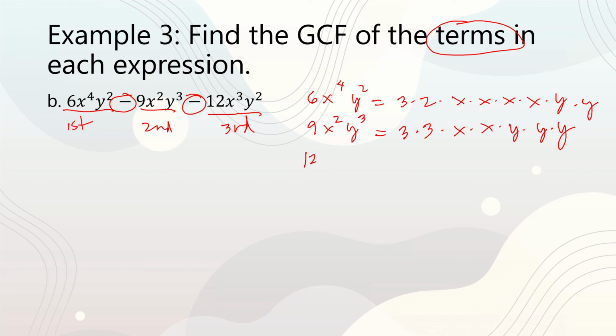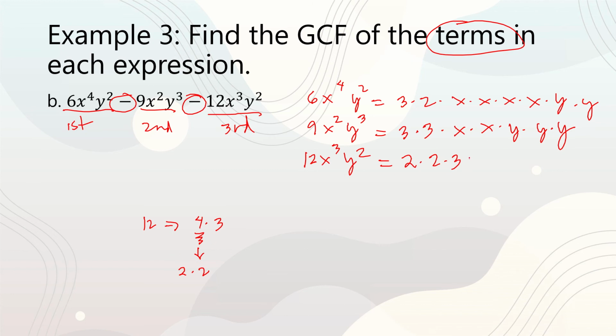Third term is 12x cubed y squared. So 12, you can think of as 4 times 3, but 4 is not prime. So you can still break that down as 2 times 2. That means it's 2 times 2 times 3, so that you will get 12.